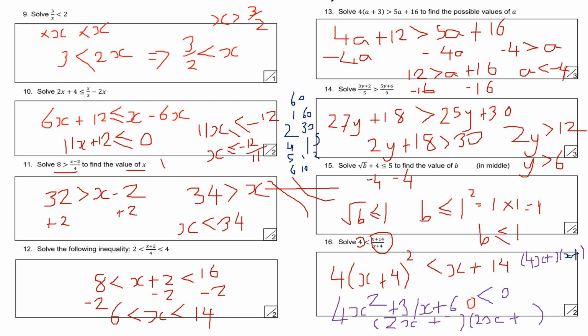So then I'm going to try some values here until I get plus 31. I can get plus 32x, but not plus 31.